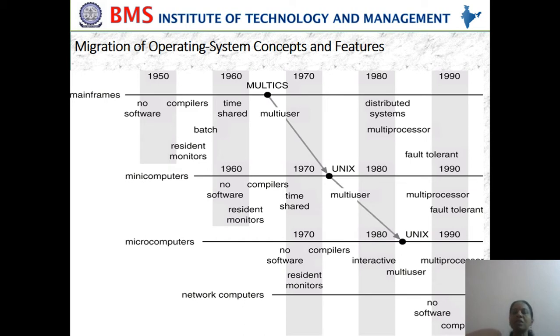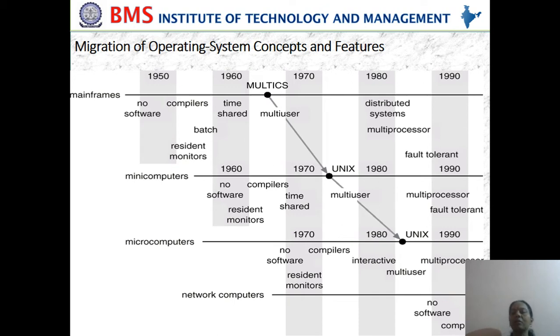So multiprocessor: before the 1980s, your processors were single, only one processor was there. But the concept of multi-user started in the 1960s. After the 1960s, multi-user means many people can use it. But what does multiprocessor mean? Before the 1980s you had systems with only one processor, which means you could do only one work at one time.